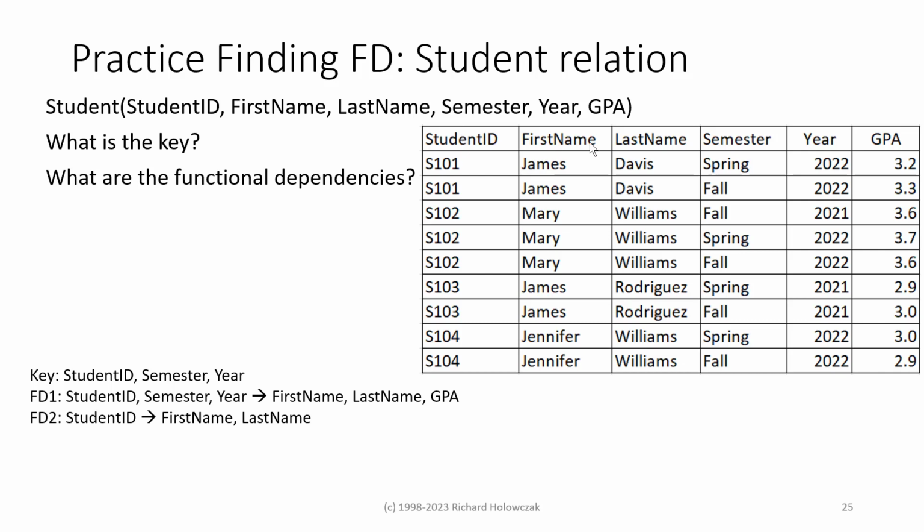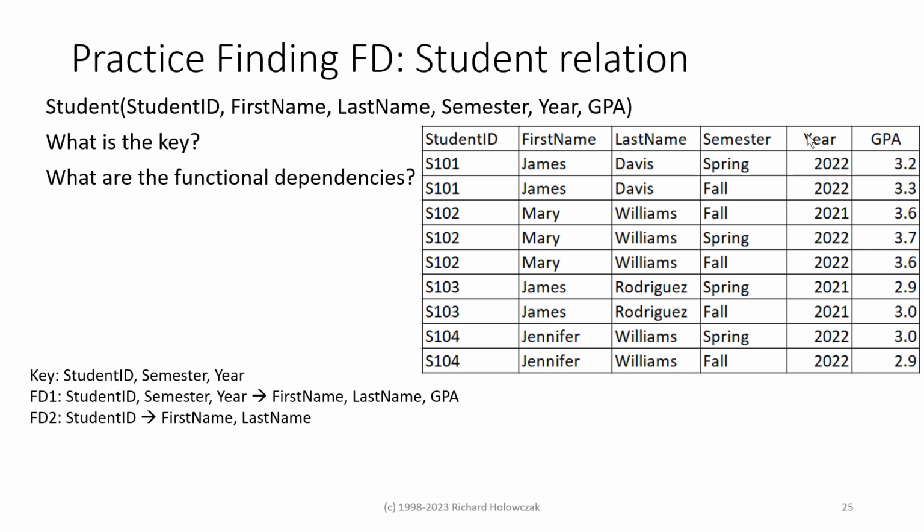So student ID, semester, and year will guarantee us a unique tuple. S102, fall 2021, there's only one row that matches that. S103, fall 2021, there's only one row that matches that. So our composite key will be student ID, semester, and year.